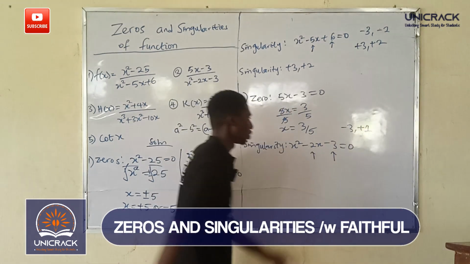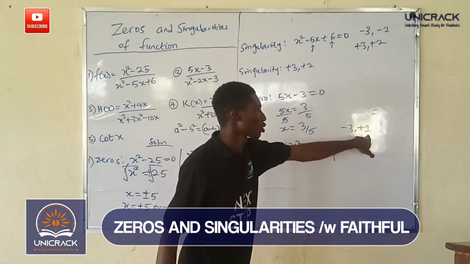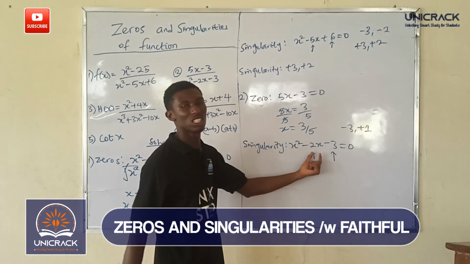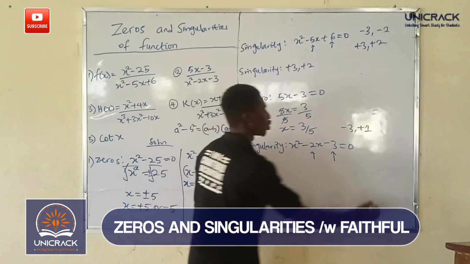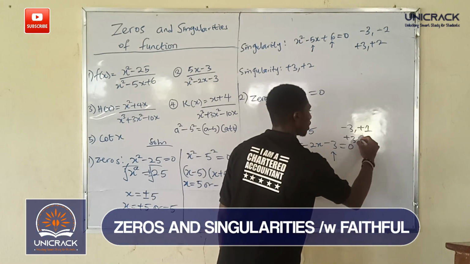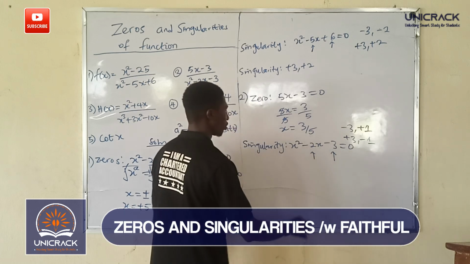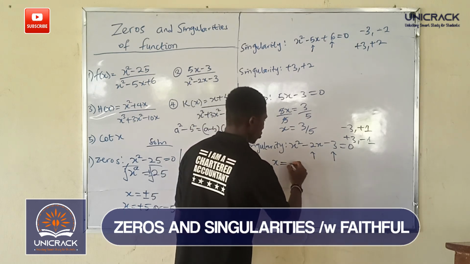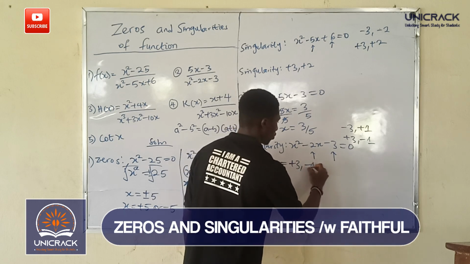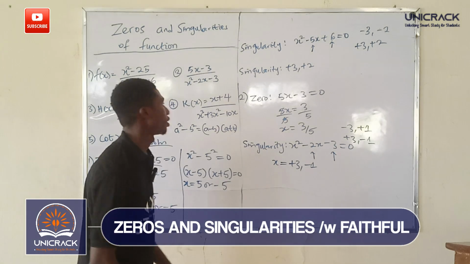Negative 3 plus positive 1 would give me negative 2, and negative 3 times positive 1 will give me negative 3. So you change the sign, you have positive 3 and negative 1. Therefore, x will be equal to positive 3, comma, negative 1. So this is the singularity of this function.